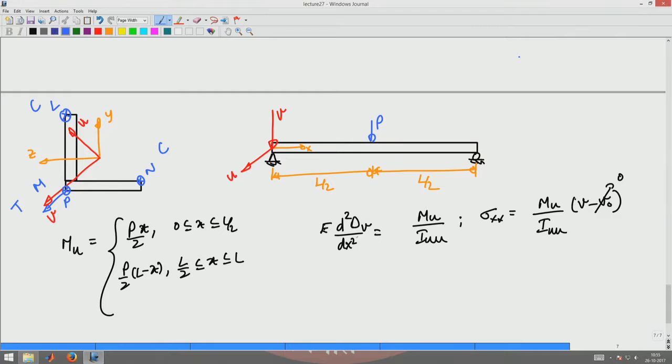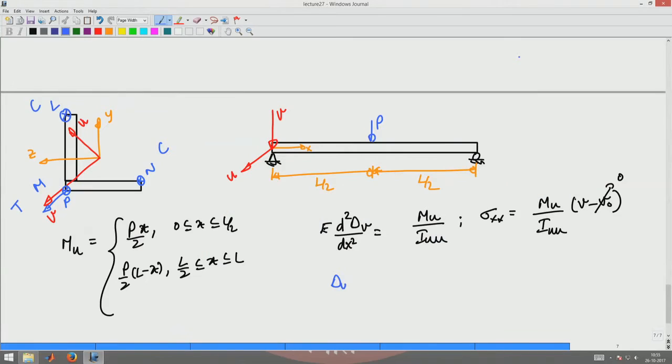And again to find delta V you have to use the same relationship that we found before, and you will find that delta V at L by 2 is again given by PL cube by E Iuu into 1 by 48, along the delta V direction.